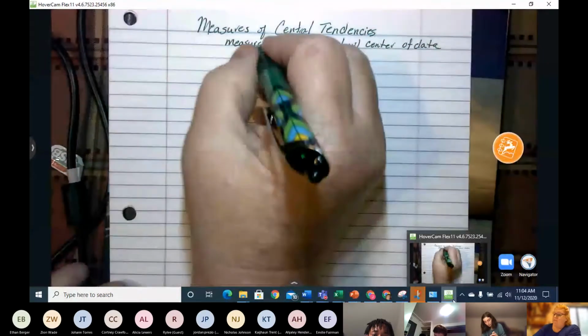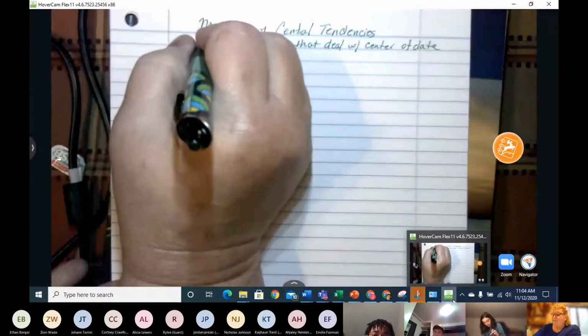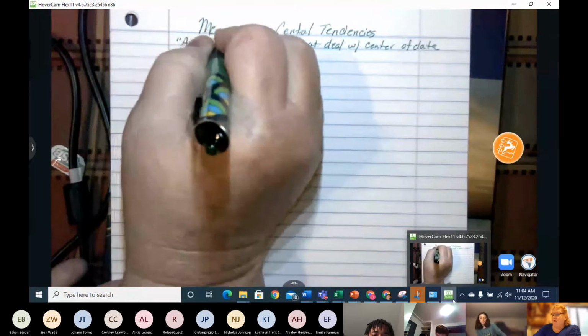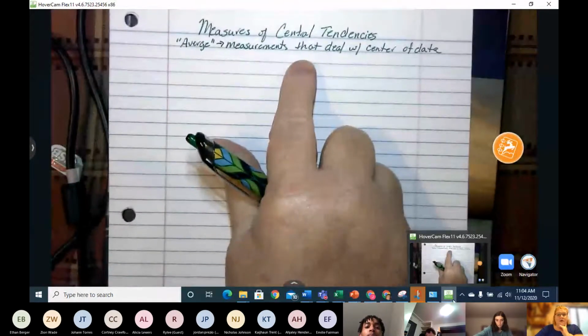A lot of times we refer to this as the average. And average in this case does not mean just calculating the mean. It just means finding the center of the data. So we have to be careful in how we refer to measures of central tendency.